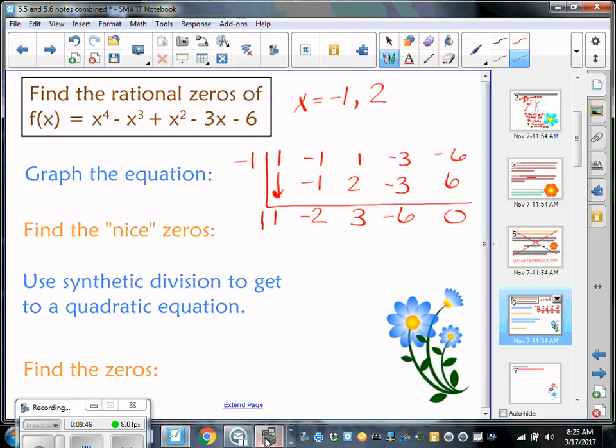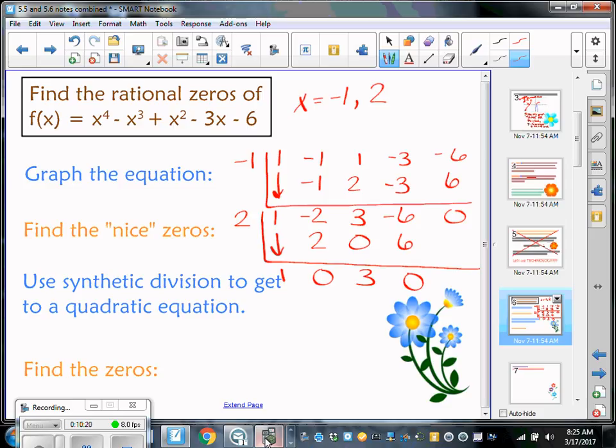Let's use it again. So I'm just going to do synthetic again, just right off of where I left off. So now this time I'm going to use the 2. Drop down to your 1. And now we're using this set of numbers to do synthetic with the 2. Okay, so we'll do synthetic again. Multiply, you get 2, add 0, multiply 0, add 3, multiply 6, add 0.